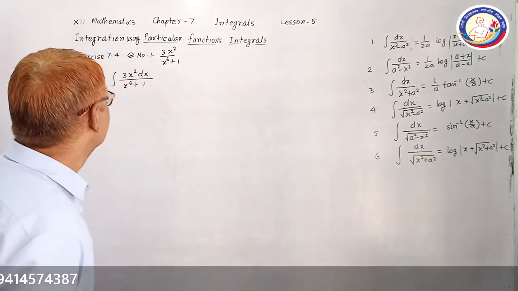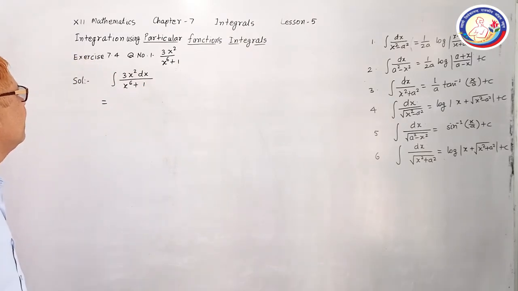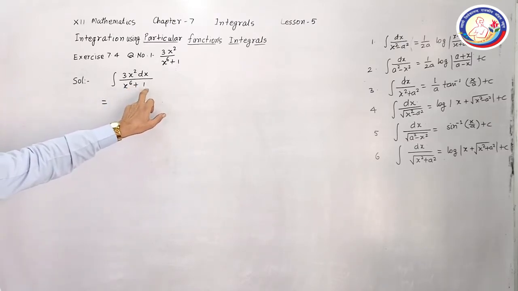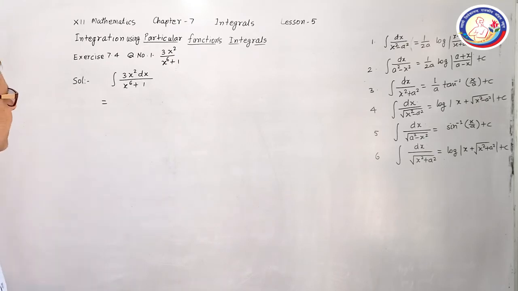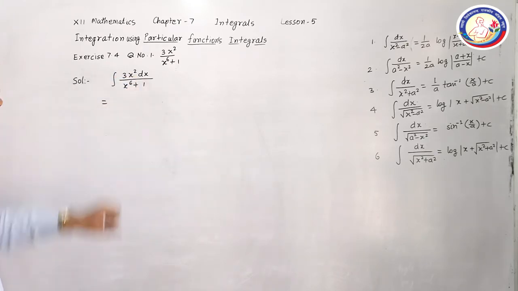I am starting with question number 1 from exercise 7.4 of the NCERT mathematics textbook. Here we have x raised to power 6 plus 1 in the denominator, and 3x square in the numerator.